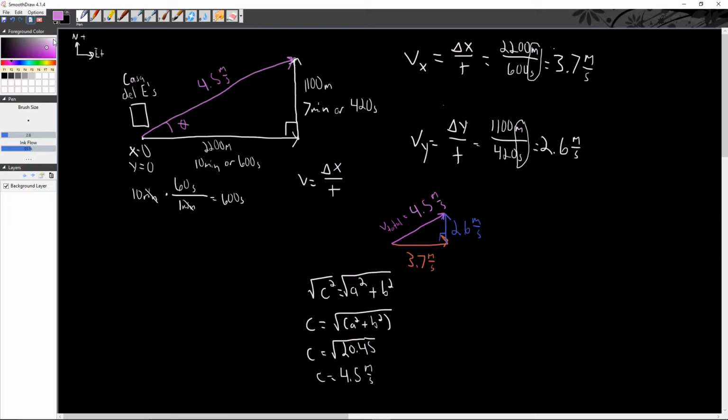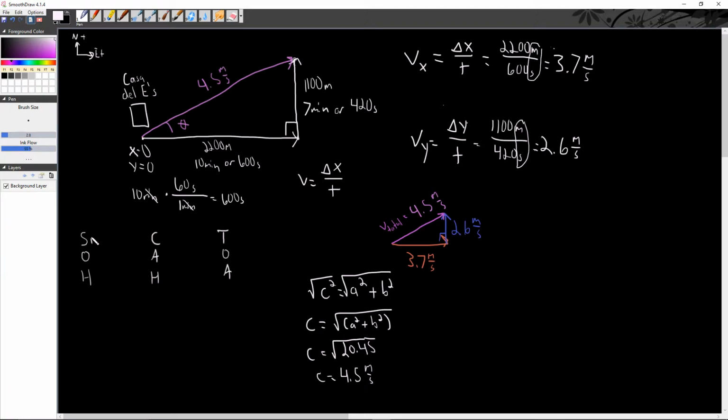We could use trigonometry. For those of you that have had trigonometry, I'm sure your favorite mnemonic ever was SOHCAHTOA. For trig, even when you get into calculus and stuff, this mnemonic is pretty important.